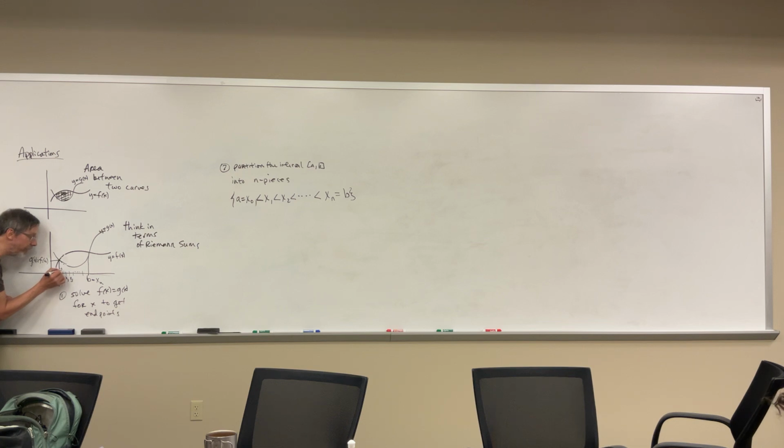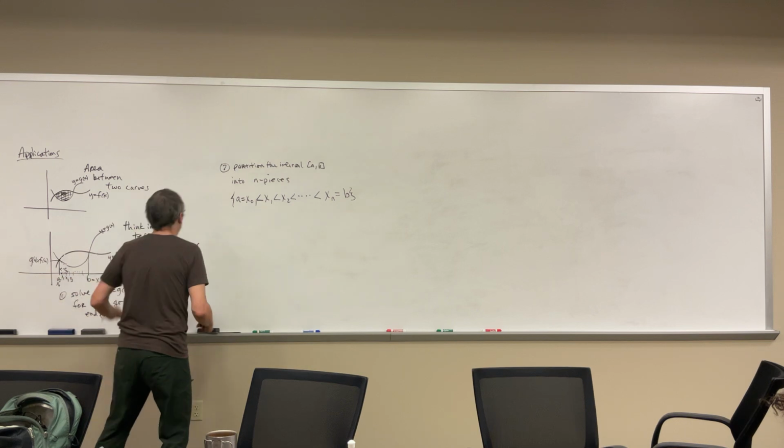So there's x1 star, x2 star, x3 star. Notice x1 star looks like it's in the middle, x2 star on the right end, x3 star on the left end. It's okay, as long as I pick it inside that interval. It could even be the left endpoint or the right endpoint.